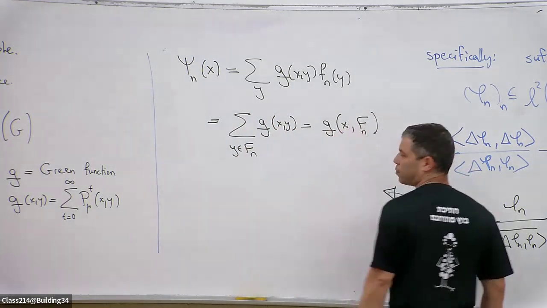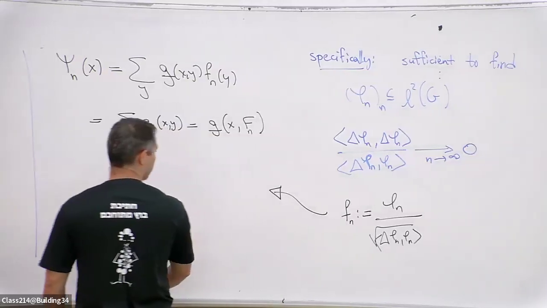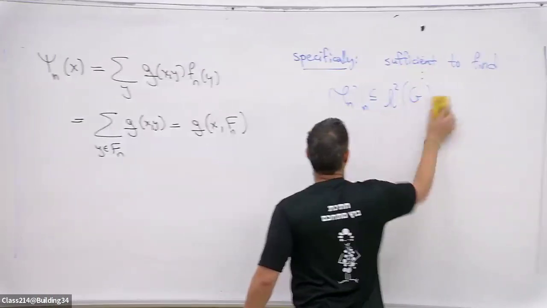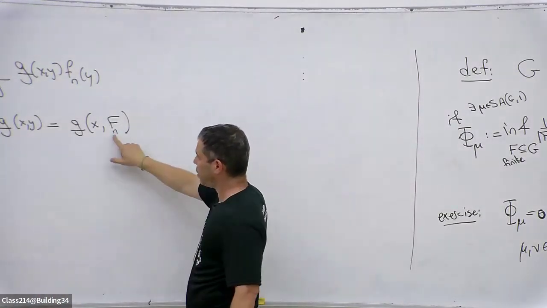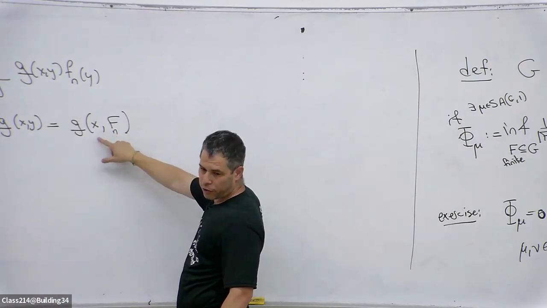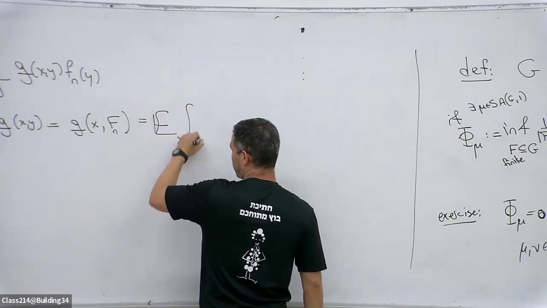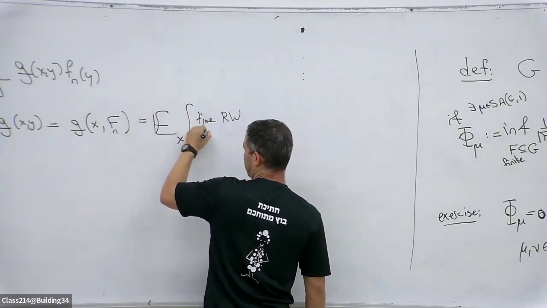Fn is my nth set in my Følner sets. So this is the expected number of visits to the set Fn starting from x.